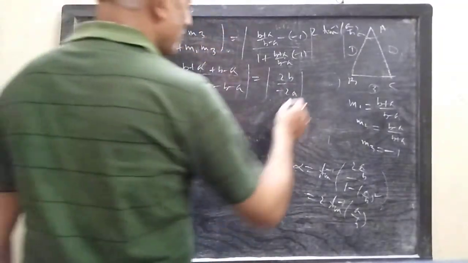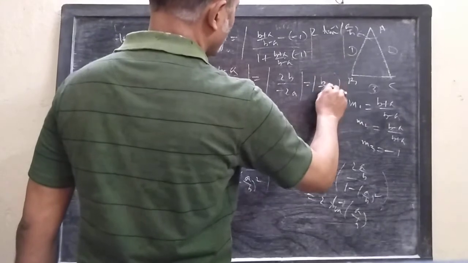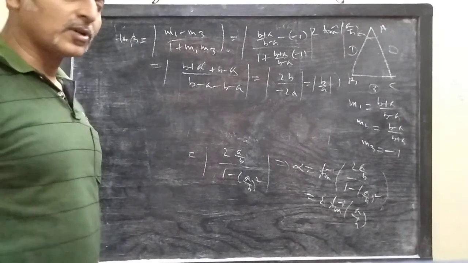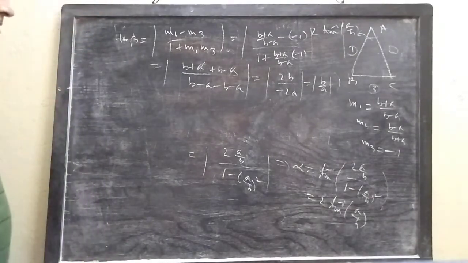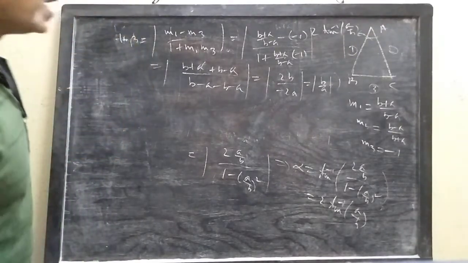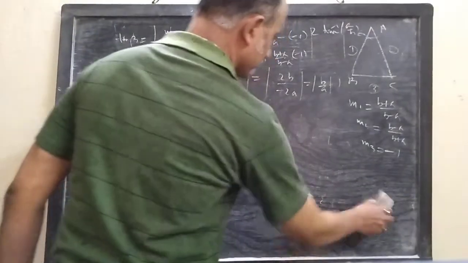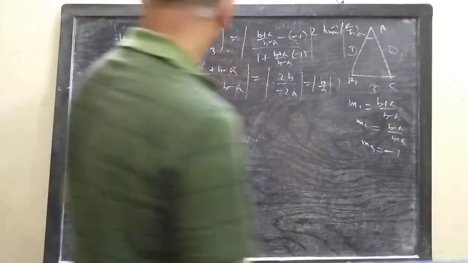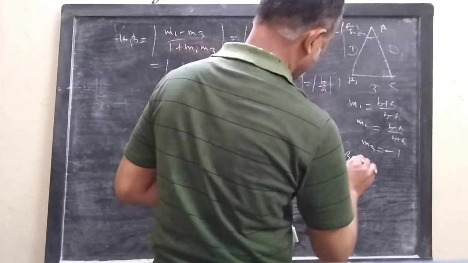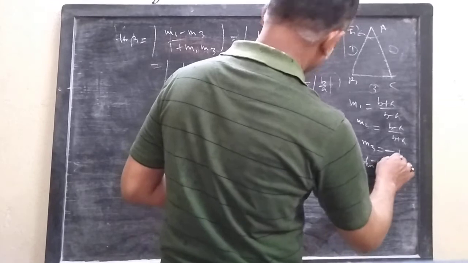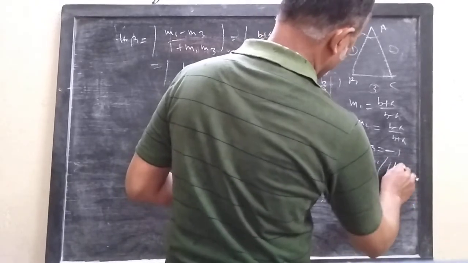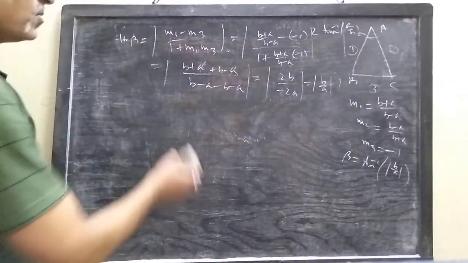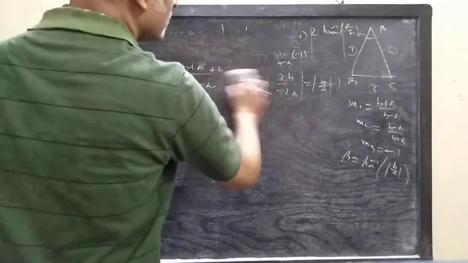So you can write it as mod of b/a, because mod of b/(minus a) is the same as mod of b/a. We find beta equals tan inverse of mod of b/a. Next, find the angle between 2 and 3, let it be gamma.